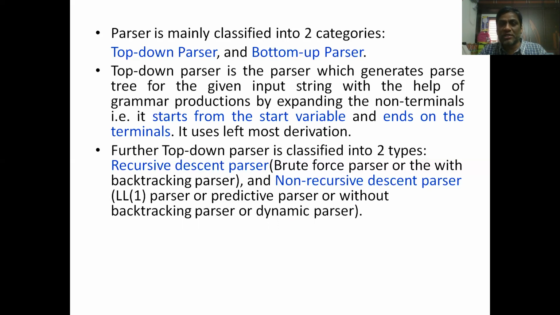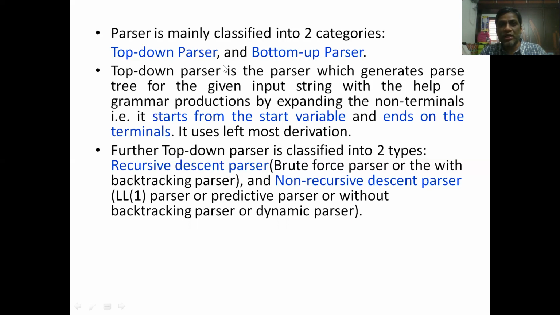So if the parser is able to build that abstract syntax tree properly without any problem, then there are no syntax errors. Okay. So to build that abstract syntax tree or parse tree, there are two ways. One is top-down approach and the other one is bottom-up approach. Any parser, if it uses top-down approach, it will be called a top-down parser. Any parser, if it uses bottom-up approach, it will be called a bottom-up parser.